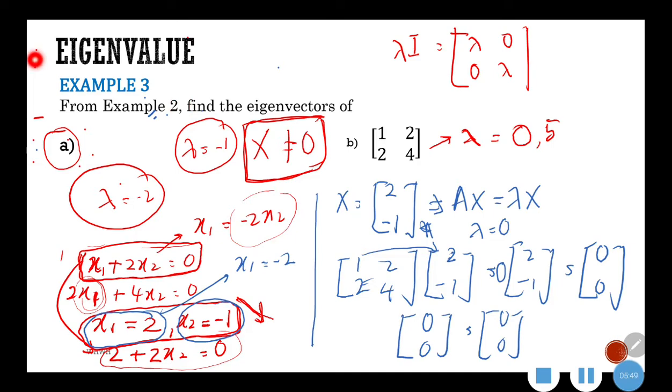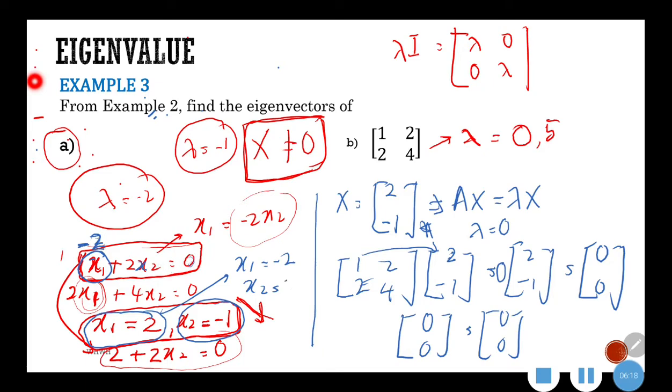If I choose x1 equals -2, then what should my x2 be? If x1 equals -2, then x2 will equal whatever value of x2 makes this thing equal to 0, given x1 equals -2.